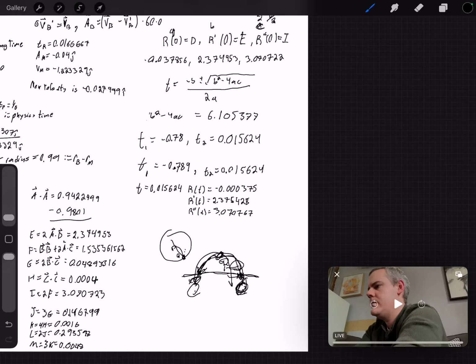Half width. T1 is negative 1.57, T2 is 0.00, and then T is negative 0.00. And it keeps going, which should be fine, I figure.